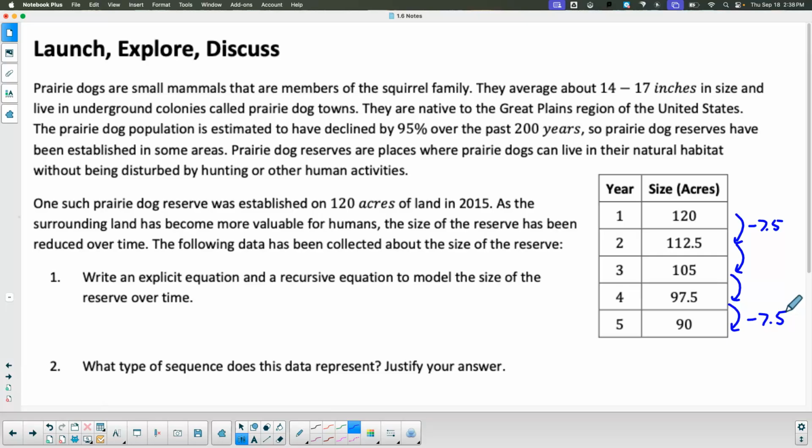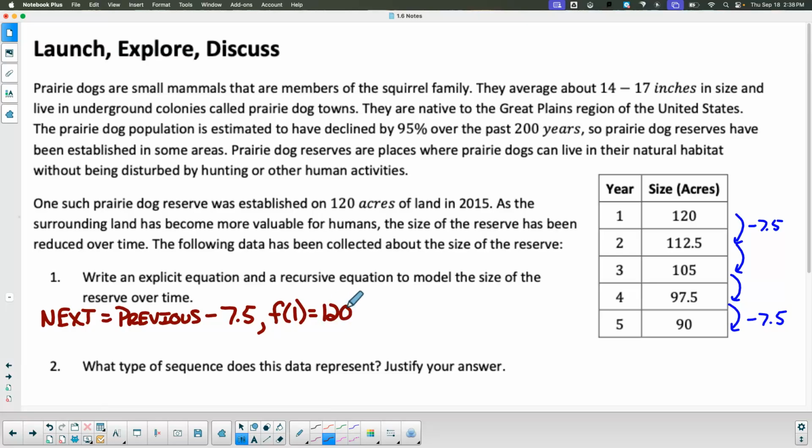Love it. One more thing you have to add in there at the end. F1 equals 120, a starting value. Yep, F of 1 equals 120.